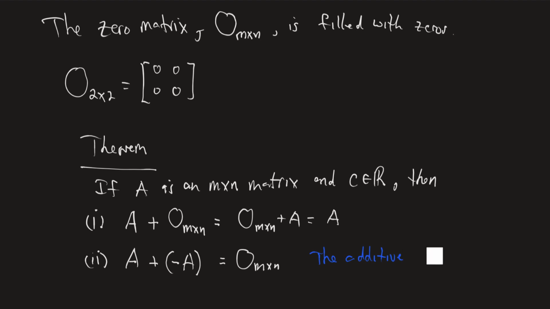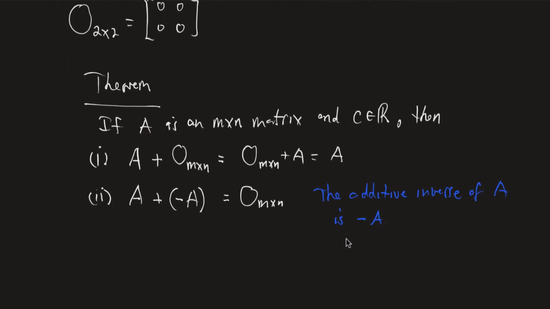The additive inverse of A is negative A. And the zero matrix, 0 m by n, is called the additive identity.